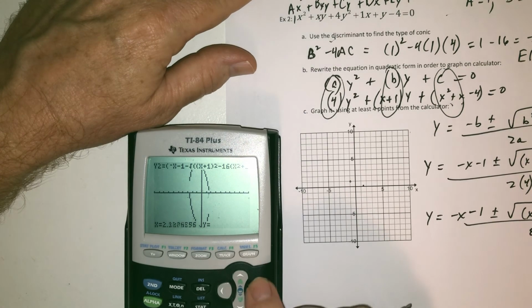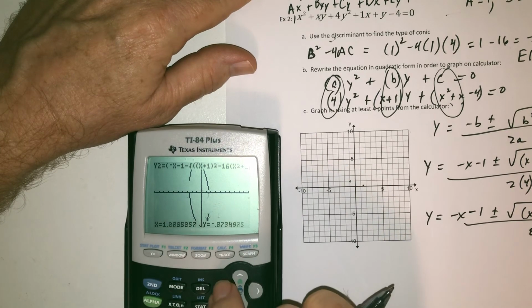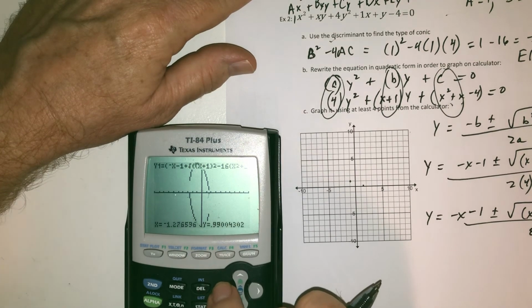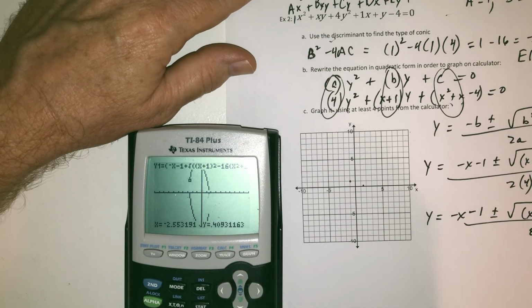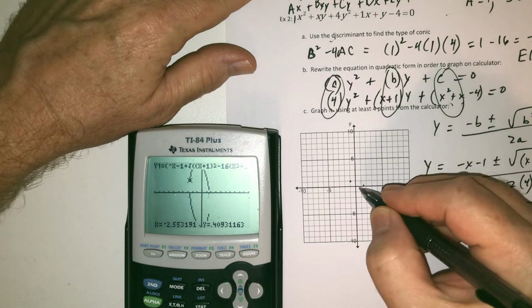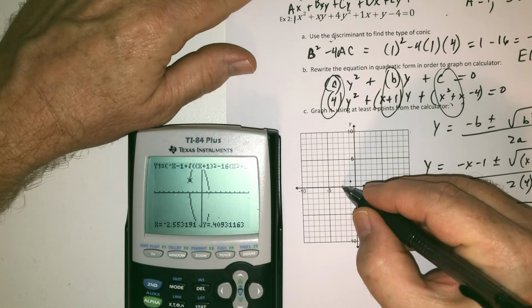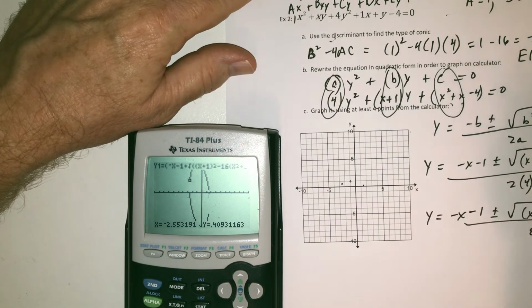Let's go back to the other part. There we go. Okay, so we're on that part. If we keep going, there we're over here at negative 2.5, and the y-coordinate is 1/2, so right in there.